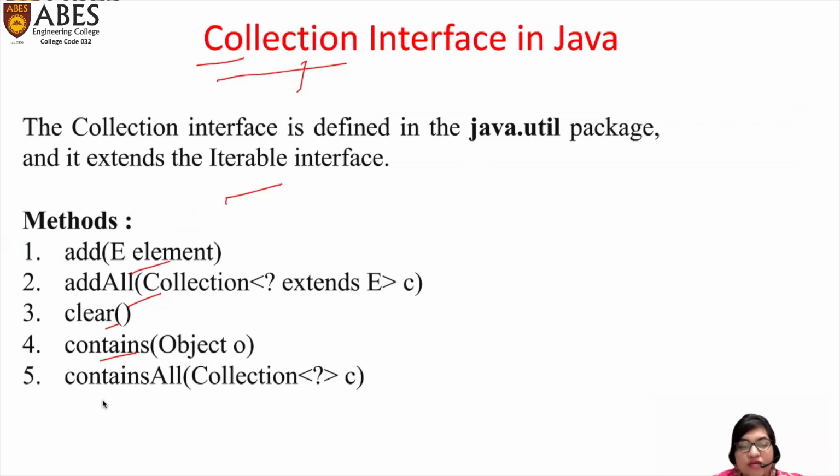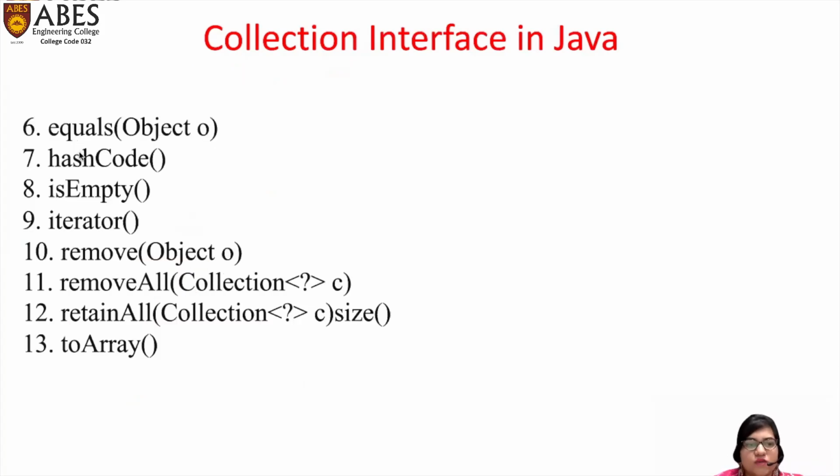Then we have the containsAll method. As the name suggests, containsAll returns true if the collection contains all the elements in the specified collection, and false if the collection doesn't contain all the elements in the specified collection. Let's move forward. Next we have the equals method.